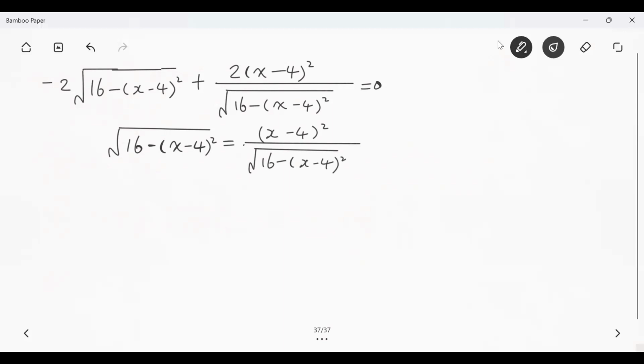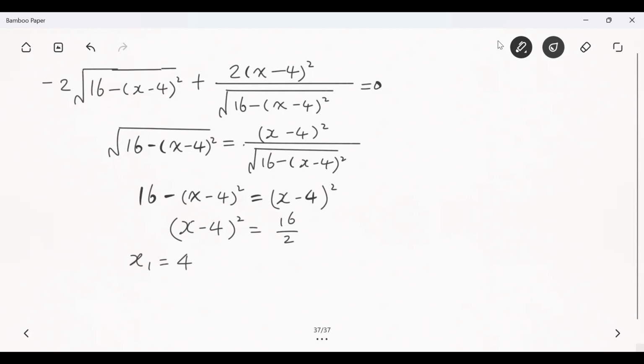Then both sides times the radical, and simplify. We get 16 minus (x minus 4) squared equals (x minus 4) squared. Then (x minus 4) squared equals 16 over 2, which is 8. Then taking the square root of both sides, x1 equals 4 plus the square root of 8, about 6.83.